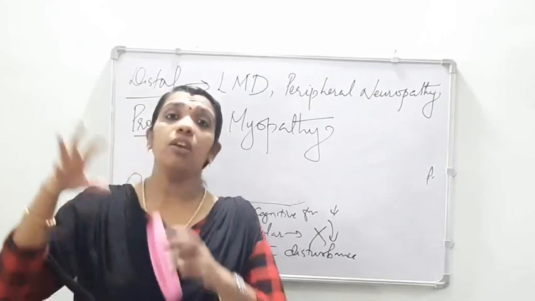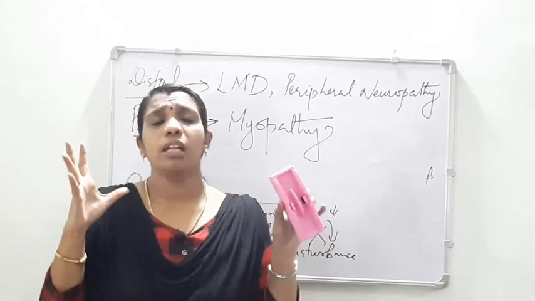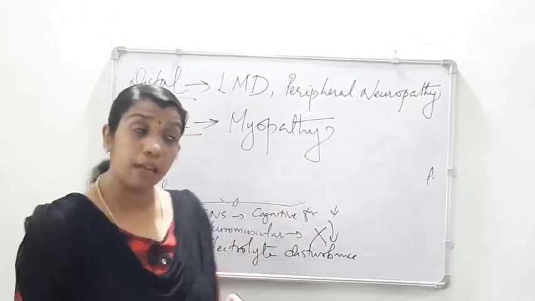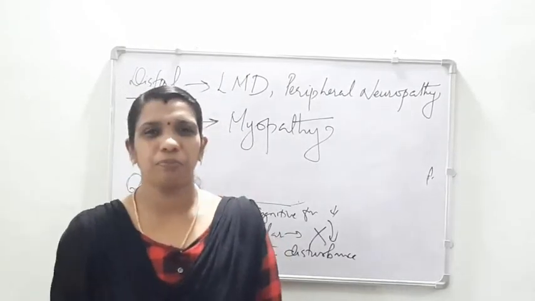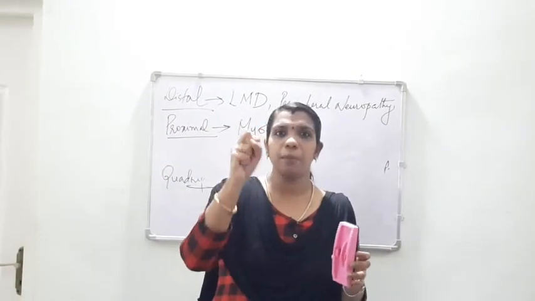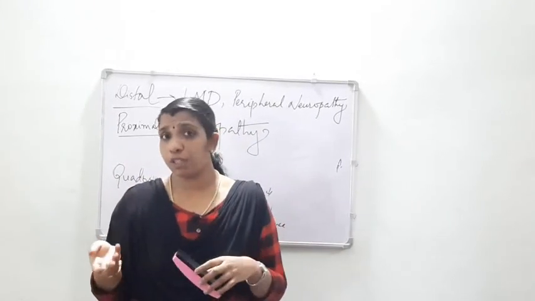From the history, you can go to the investigations. The most important thing as far as paralysis and plegia is concerned, you go for the MRI and CT brain. We can see the brain through the CT and MRI. With MRI, we can know more about the soft tissues in the brain.